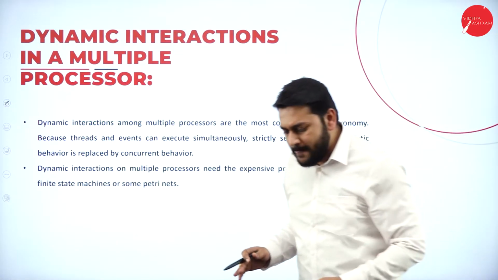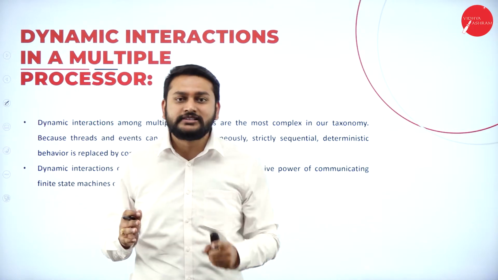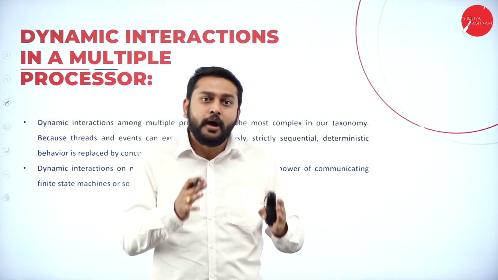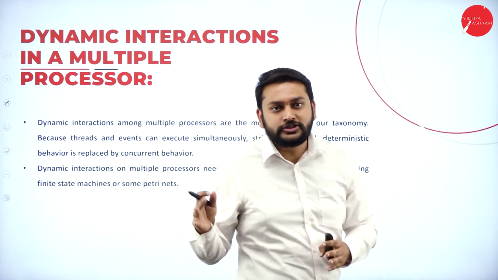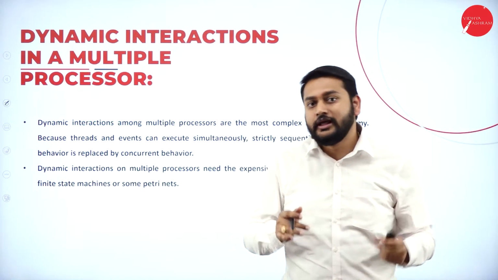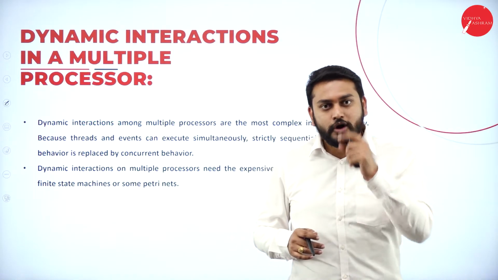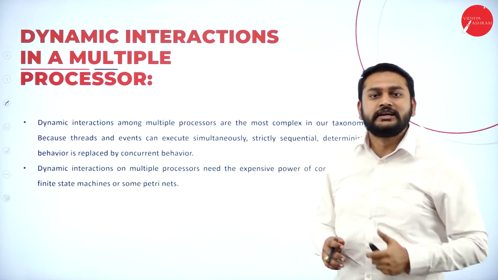Whenever I say dynamic interaction with a multiple processor, please understand that I will be dealing with multiple processors. Whenever I say multiple processor, it's the most complex taxonomy that I have in interaction testing. So that's what you need to remember. Why do we call that the most complex taxonomy?